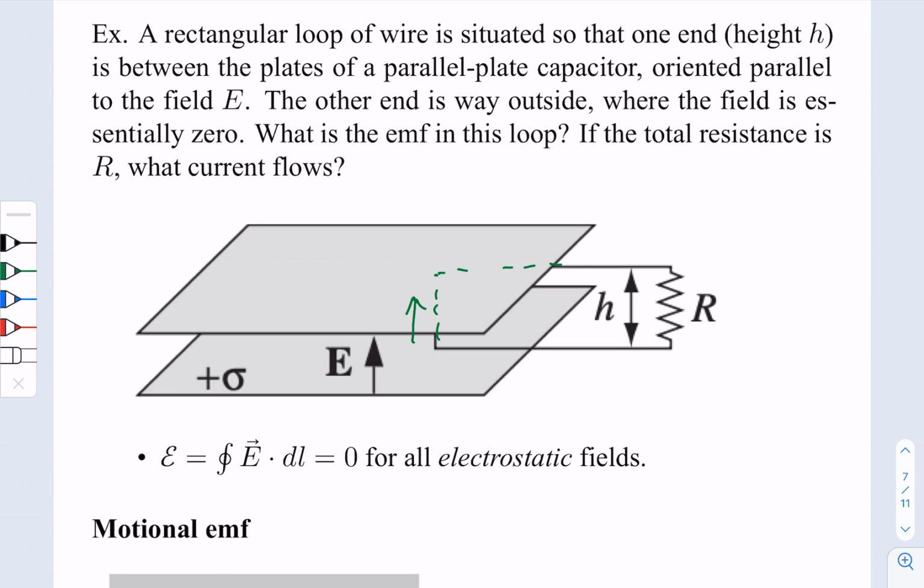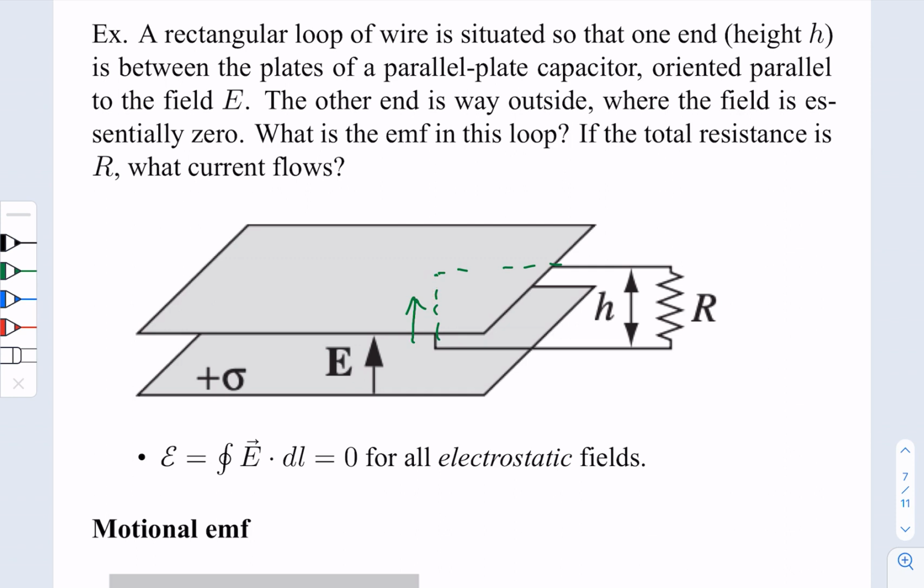If you assume that this is an ideal parallel plate capacitor, then there won't be any E·dl on these two sides, right? So it seems that the only contribution to this E·dl, which gives you the curly E, which is the EMF, is non-zero because it's always a plus sign along this loop.